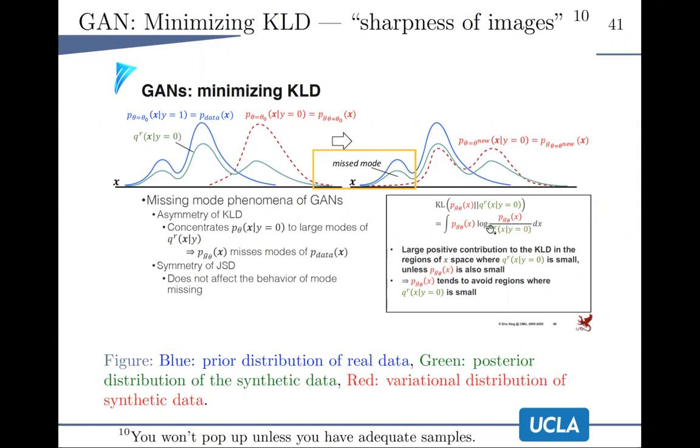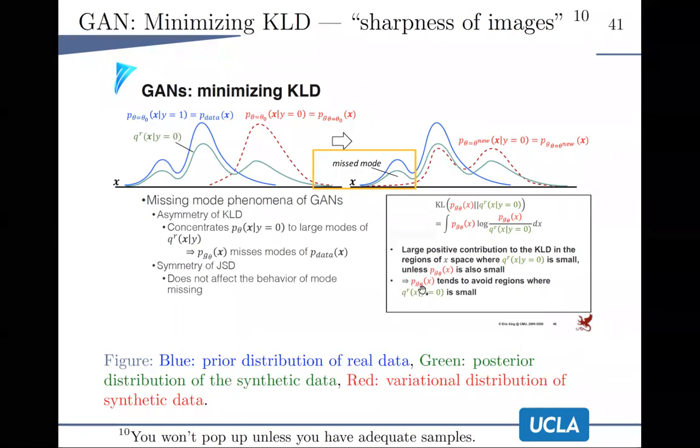If the green one is small, then the red one would contribute too much if it were big. So when the green one is small, the red one tends to also be very small, and so the red one tends to avoid regions where the green one is small.